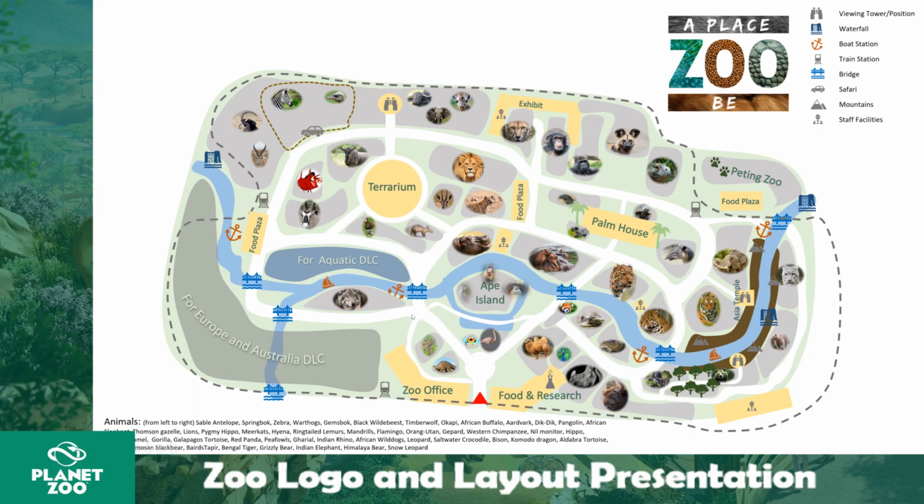And you can see that I have left a space here for a Europe and Australia DLC that I really expect. And also an aquatic DLC, with fish animals and some aquarium possibilities.